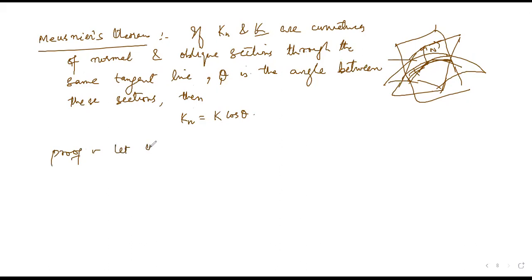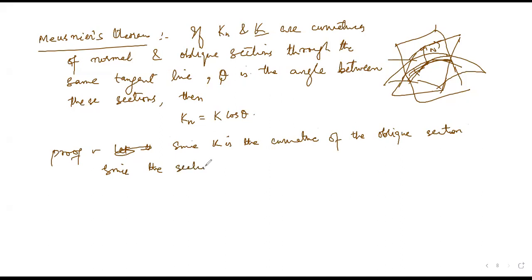Let P be the point, that is already given. Write it like this: since K is the curvature of the oblique section at this point, and since the section is oblique, it does not contain the surface normal, you know?